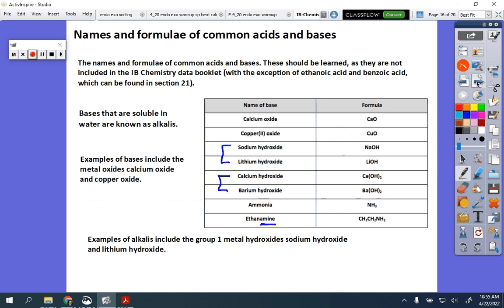Calcium hydroxide, we can make hydroxides with really any metal, but we often see those with groups 1 and 2. The oxides are basically what forms when the metal rusts, when it reacts with oxygen in the air. Calcium, or any of the group 1 or group 2 metals can form oxides, but also the transition metals will commonly form oxides as well.